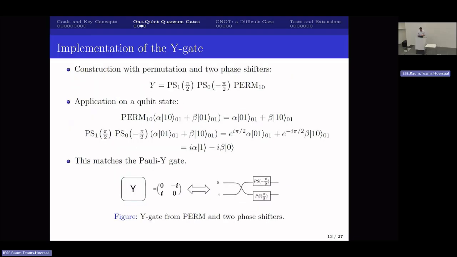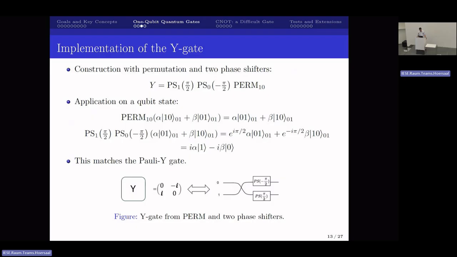The Y gate is a bit more complicated, but it's not unachievable. You first start with a permutation, which you can identify as an X gate, and then you apply a phase shift onto each of the modes representing the qubit.